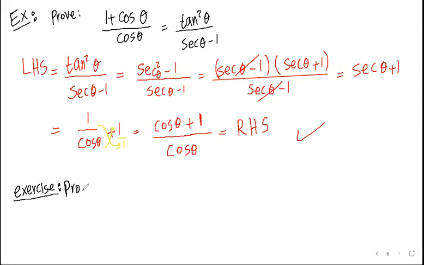Proof: cosine u over 1 minus sine of u equals secant of u plus tan of u.